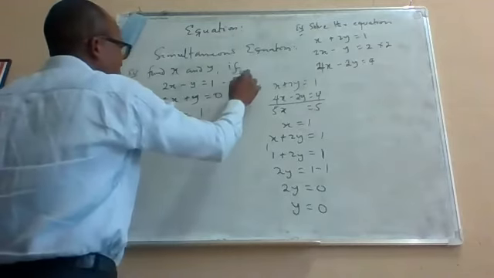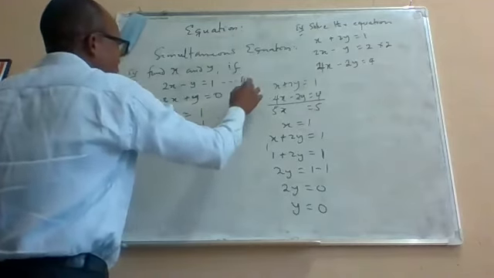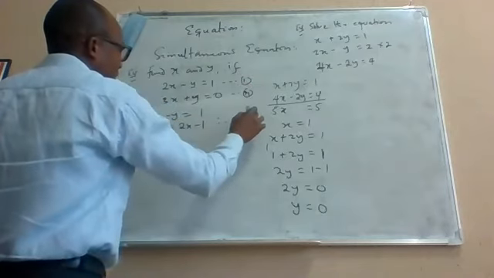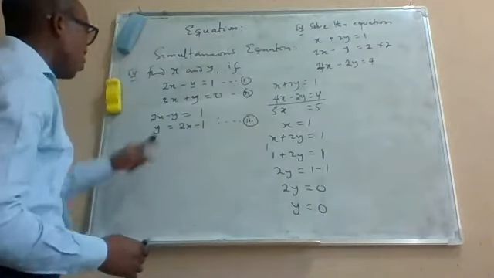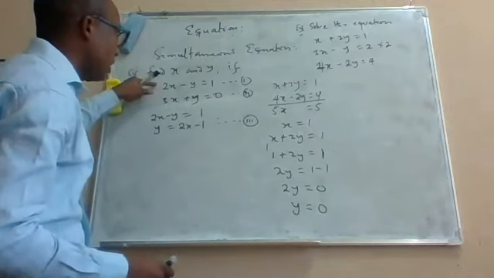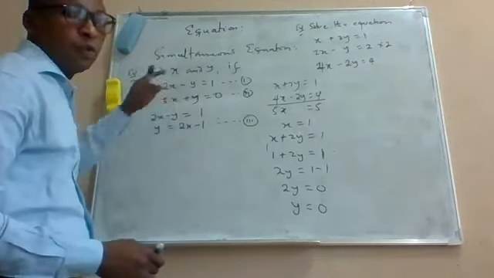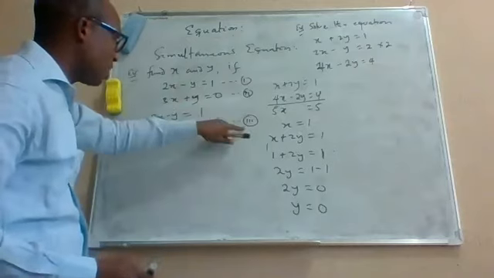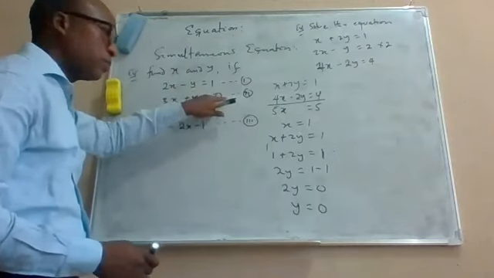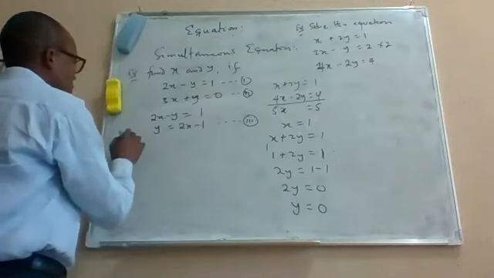So I can say this is equation 1, this is equation 2, and I can call this one equation 3. Equation 3 is obtained from equation 1 by making y the subject. So I can now substitute equation 3 into equation 2.